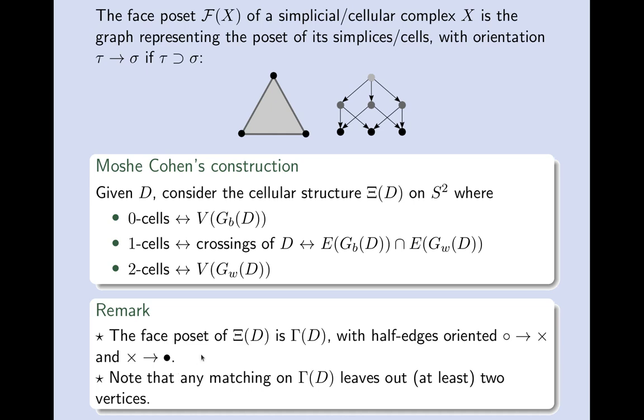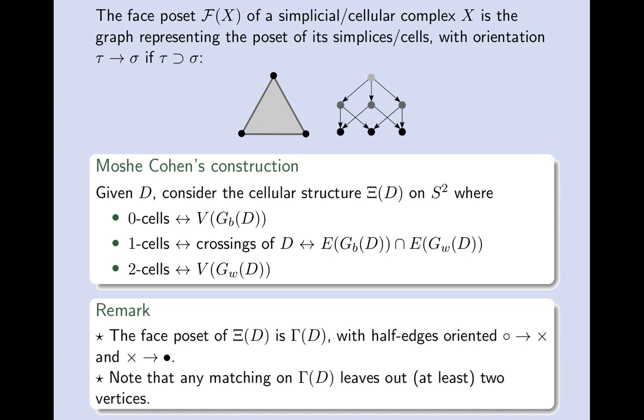And here another thing to note, and the easiest way to see this is to use Euler characteristic, is that any perfect matching on any Tait graph of a given knot diagram must leave out at least two vertices, which will correspond to 2 regions in the complement of D. Either you try to prove this directly, or we'll see in just a moment that there is a connection indeed between such matchings on the Tait graph and a sort of discrete version of Morse functions.